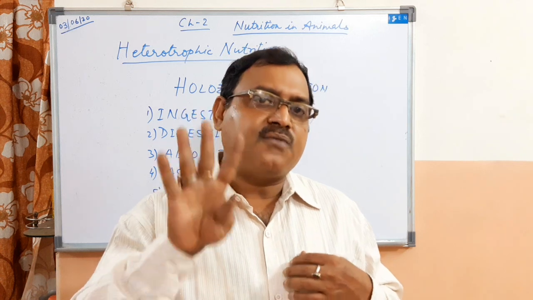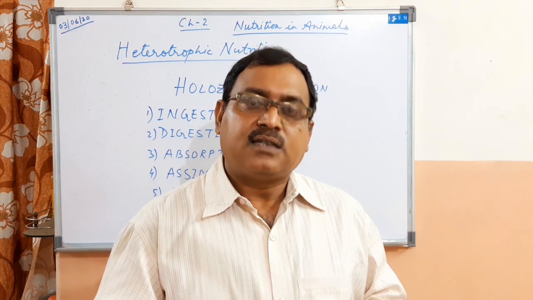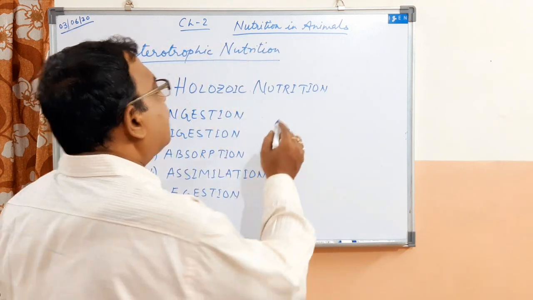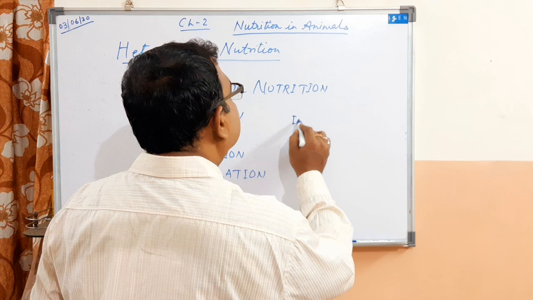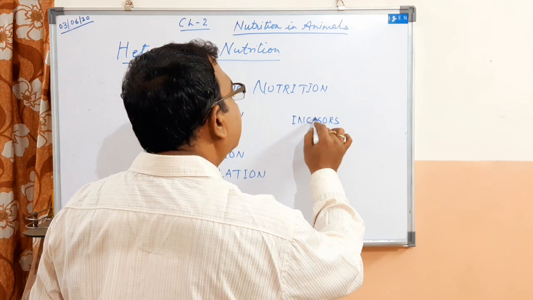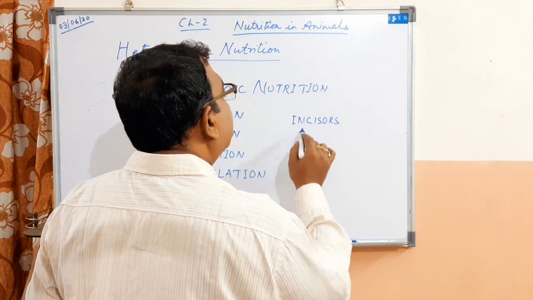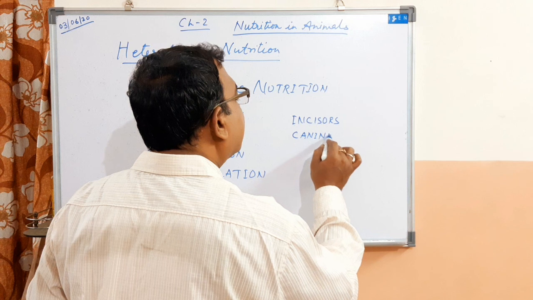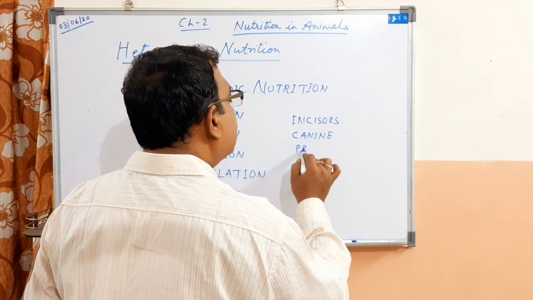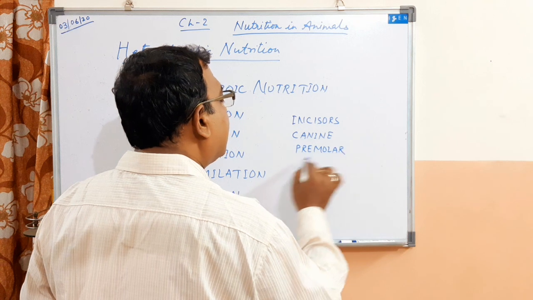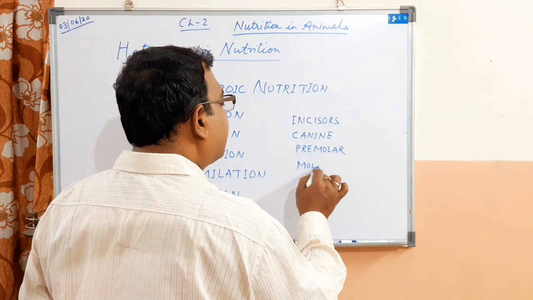There are 4 different types of teeth. I am speaking of permanent teeth. First is incisors. Next is canine. Next is premolar. And then molar.